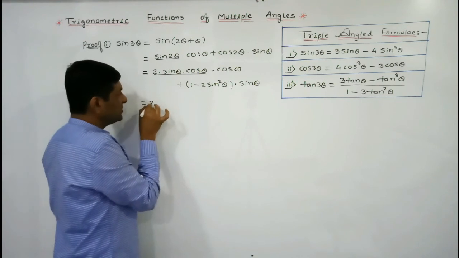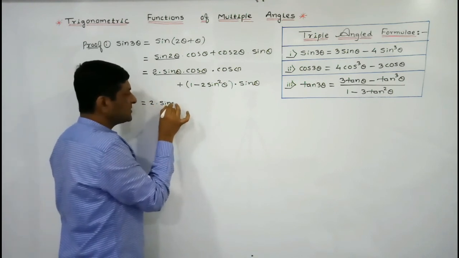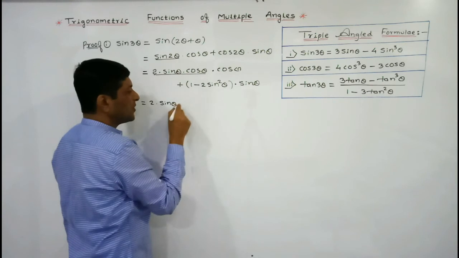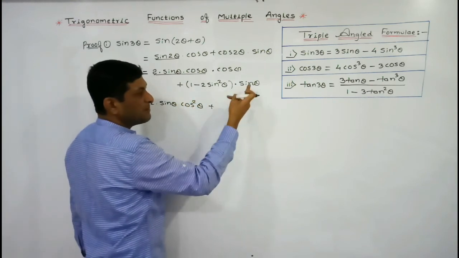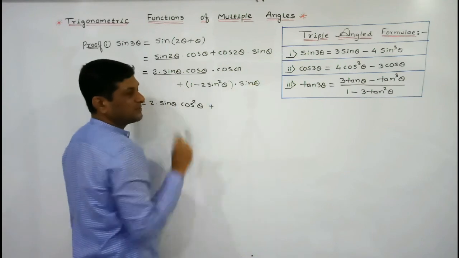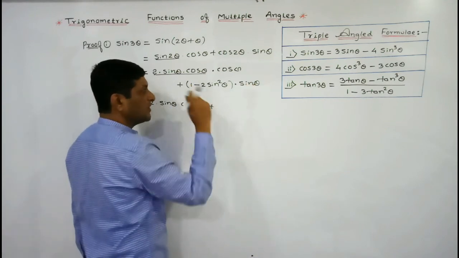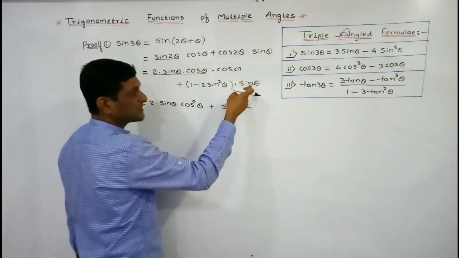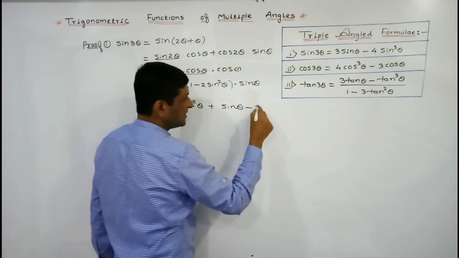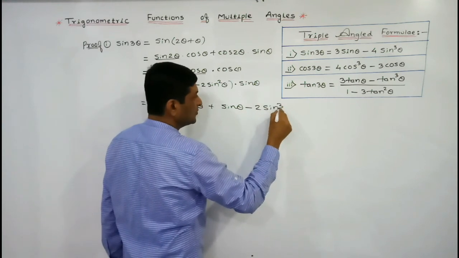So which is equal to 2 into sine theta, keep it as it is, and cos theta into cos theta will become cos square theta, plus now I am multiplying by sin theta to both the terms in this bracket. Sin theta into 1 will be equal to sin theta, and minus, keep it as it is, sin theta into 2 sin square theta is 2 sin cube theta.